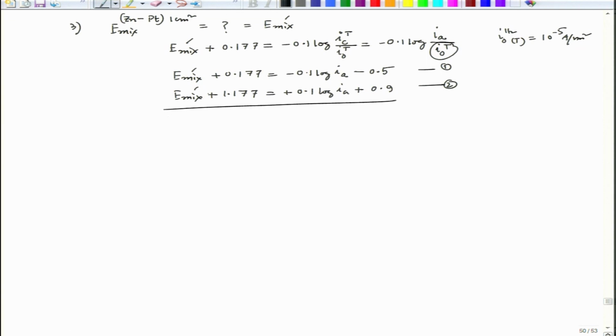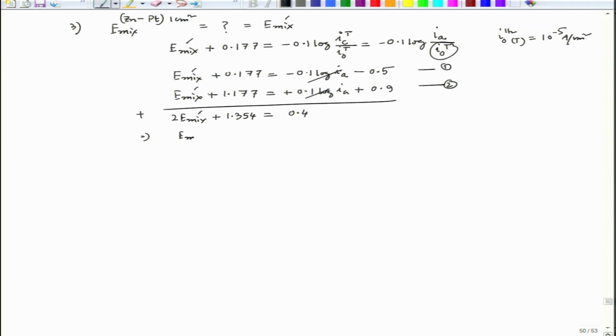If we add them, E mix prime plus 1.354 equal to, these two would get cancelled, and then we are getting 0.4.